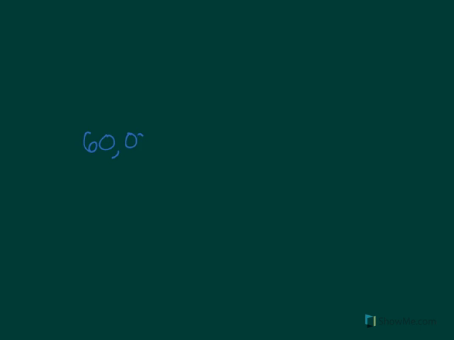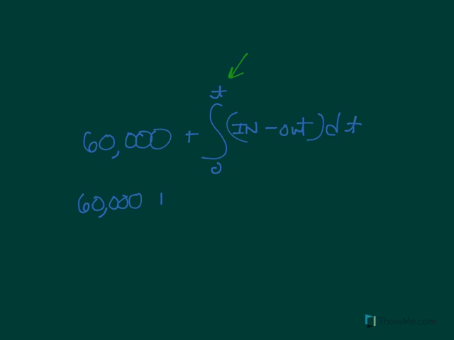So 60,000 is what we started with, plus how much accumulated volume do we have? Remember, the accumulation function is going to be the area under the curve of the amount coming in minus the amount going out, from time 0 to whatever time value you found in part B. And how do we represent what's coming in?